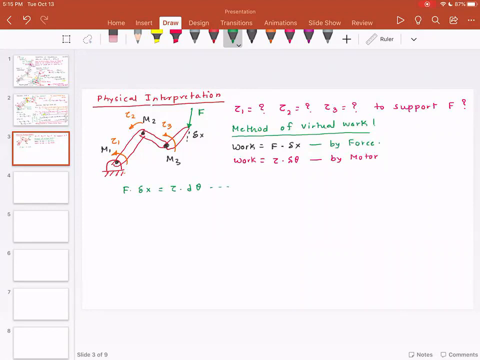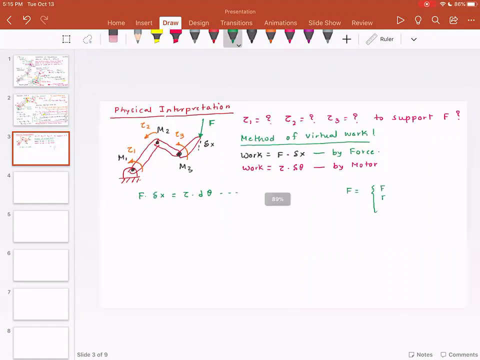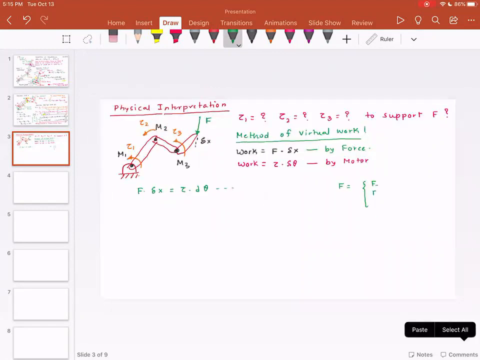Now what I'm going to do is, since we are looking at a vector relationship, my F is actually a force which is something like F of X, F of Y, F of Z. This is the force in 3 dimensions.